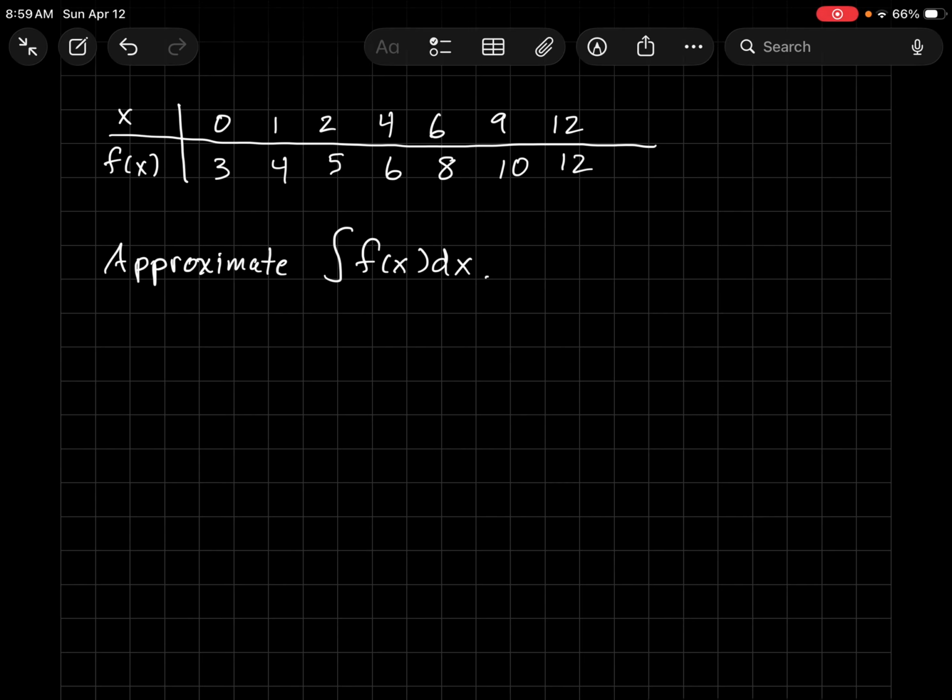And we're going to approximate it, and let's use Riemann sums, that is some rectangles, to approximate this integral, this area under the curve. I'm not going to draw the function itself. You can if you'd like to. But I think we can do this algebraically without a picture.